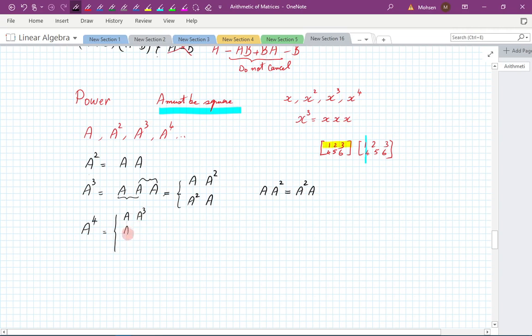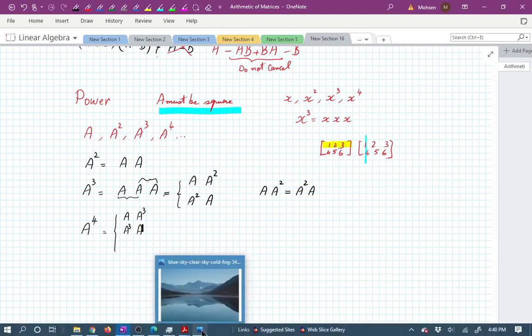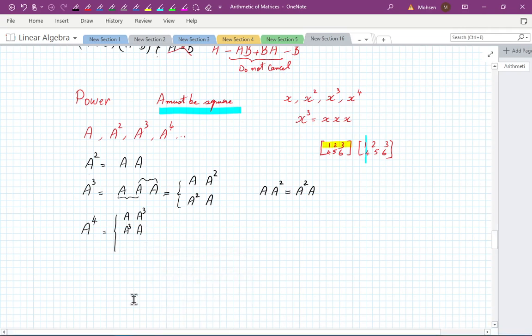Well, of course, I could have done A cubed with an A. That's another legitimate way. What else is left? Can you think of something else? Again, let me encourage you to think what other ways we can define A to the 4th. Well, of course, you could have A squared times another A squared. And then gradually a question comes up: if you have all these different ways of doing it, what's the smart way of doing it? So I'm going to leave that out.